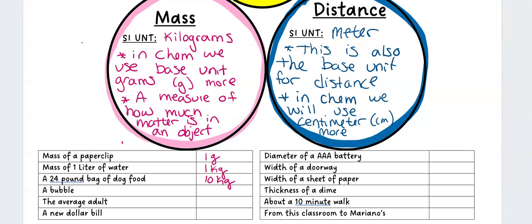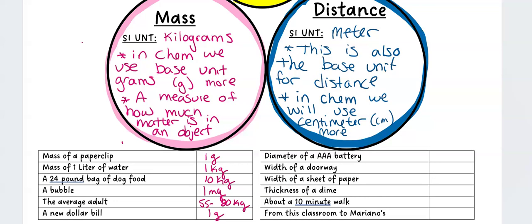We'll find that kilogram and pound are about half or double comparative to each other. A bubble is going to be about 1 milligram. An average adult is going to be somewhere between 55 and 80 kilograms. For a rough estimate, if you take about half your weight in pounds, that's what you would be in kilograms. A brand new dollar bill, that's also about a gram.